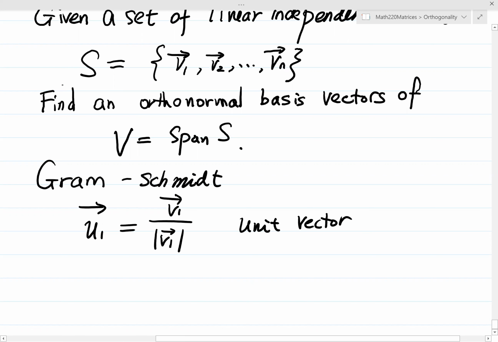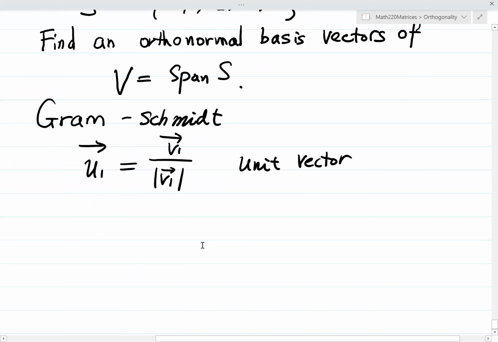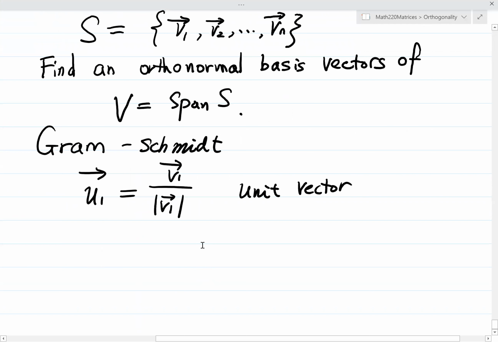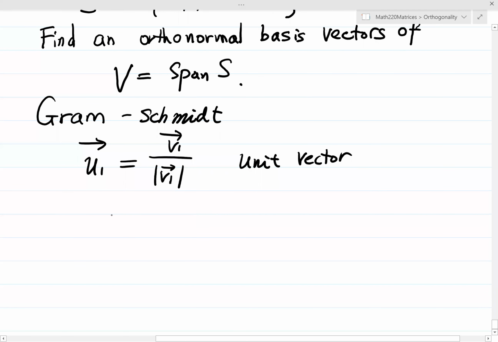Now we do U2. For V2, we subtract the projection along U1.